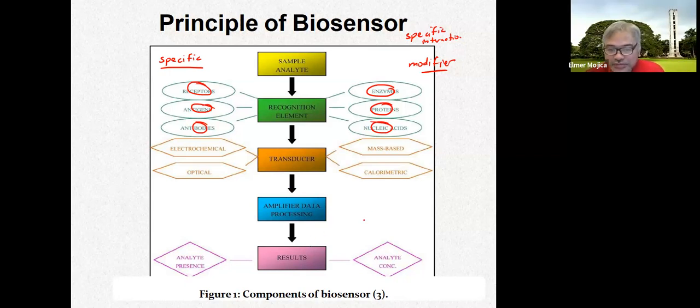You want it as much as possible quantitative, or maybe first qualitative: is the sample present? If the answer is yes, how much of the sample is present?